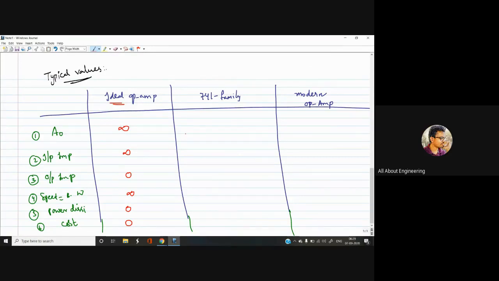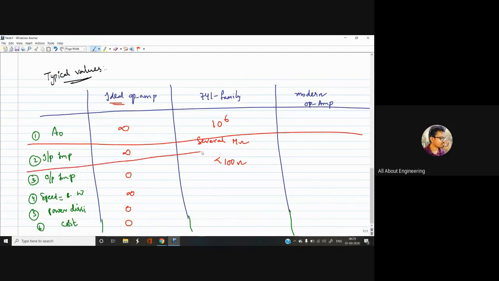Now for the 741 family, the A naught value is around 10 power 6. Okay, it is a very huge value, and the input impedance would be of several mega ohms. The output impedance will be less than 100 ohms for the 741 family.